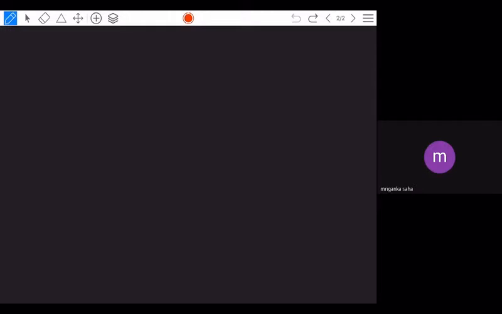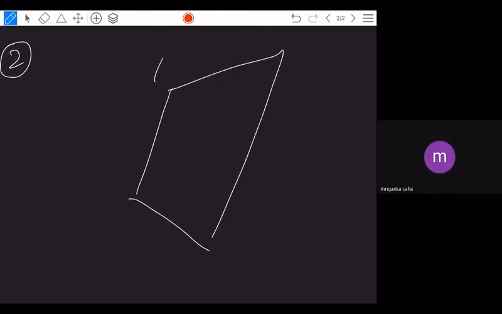In case you are not able to identify it, draw the figures separately. Suppose the second problem, ये second problem है. इसमें ये figure ऐसा दे दिया है. This is the figure given to you. A, B, C, D. And one of the triangles asked is ABD triangle, and another is BAC triangle.